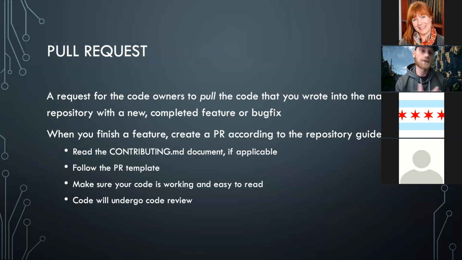So the pull request, that's a request for code owners to pull the code that you wrote into the main repository. Hopefully it's a completed feature that you're asking for a pull request on. And oftentimes when you have a repository that you want to make changes to or improve on, and you want to submit a pull request, they will have some kind of contributing documentation.